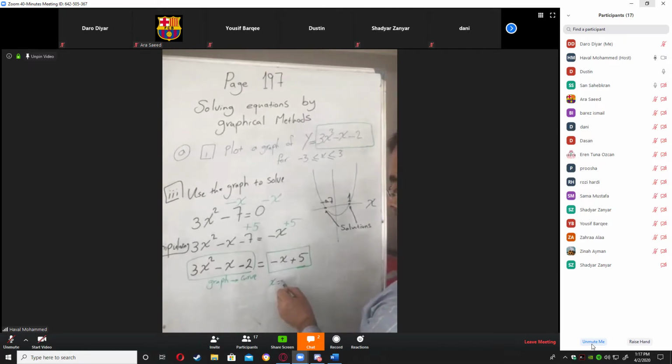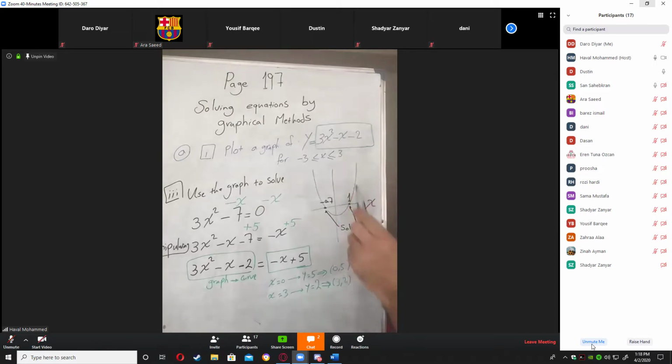X equals 0, then y equals 5. Then my coordinate will be 0 and 5. Or maybe the next one, x equals 3. Y equals negative 3 plus 5, which is 2. Then my point is going to be 3 and 2.